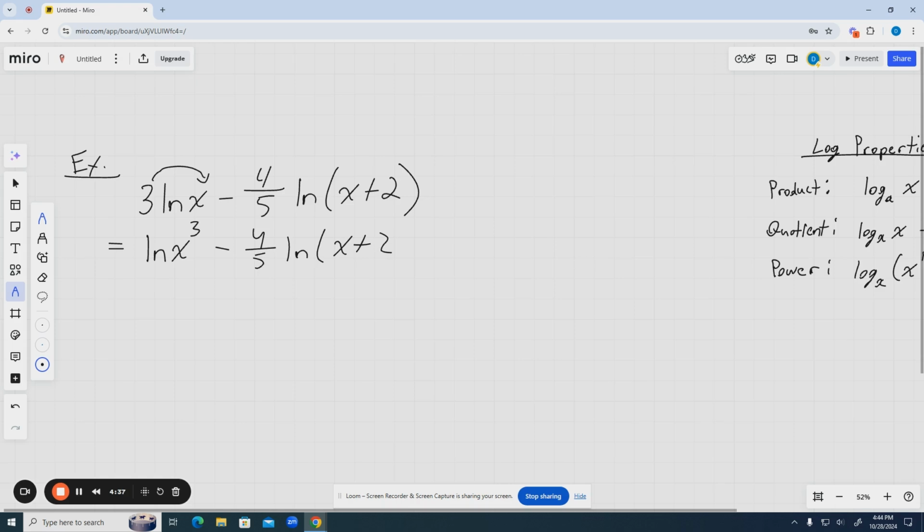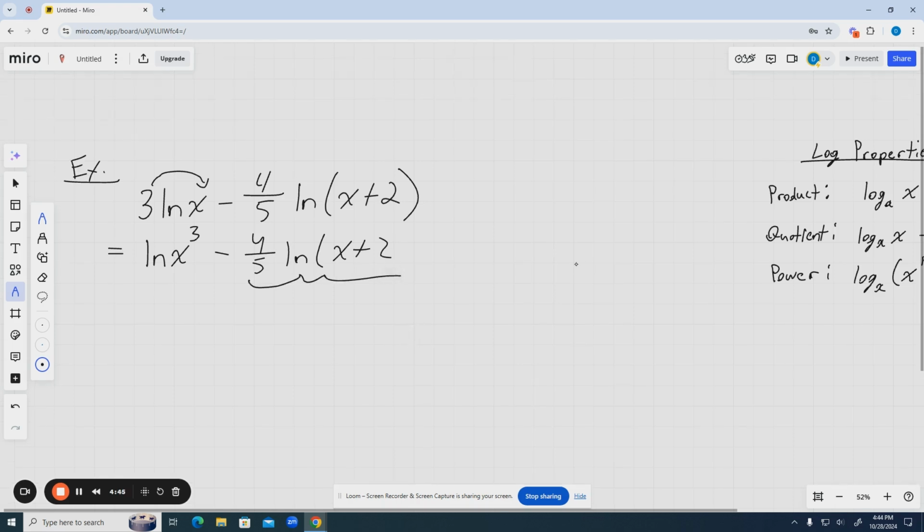Another thing I can do is look at this second term, and I can do the same thing. I can take this 4/5 and bring it to the front of that. So I can rewrite this equation as ln of x cubed minus ln of x plus 2 to the 4/5 power. In the same way that I can bring this 3 to the front, I can bring that 4/5 to the front.